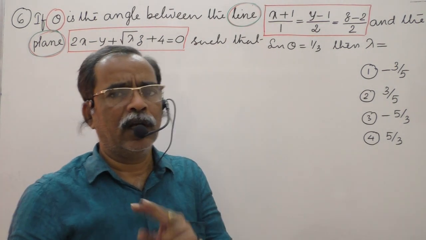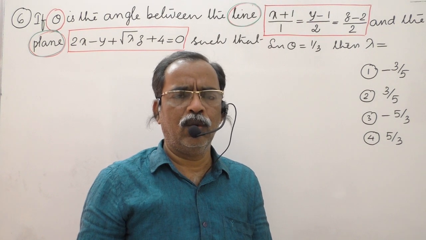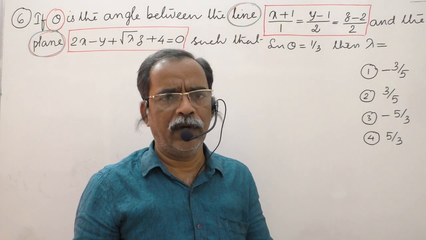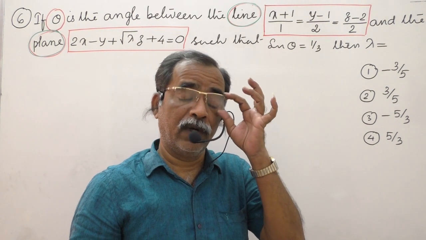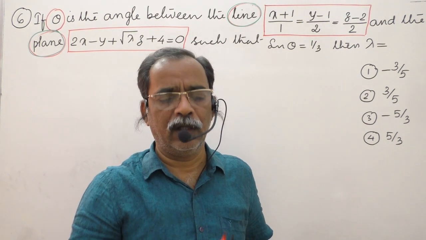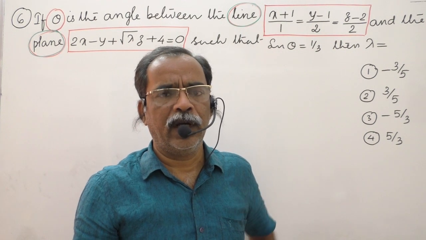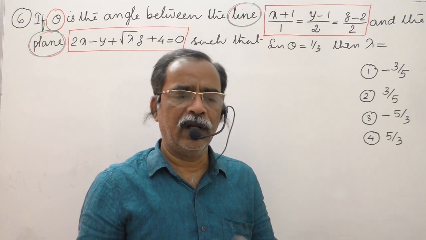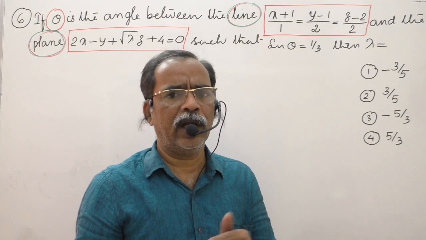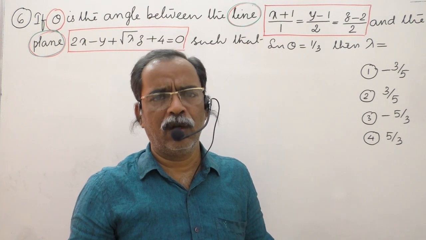So we have seen the angle between two lines. Cos theta equals a1 a2 plus b1 b2 plus c1 c2 by root over a1 square plus b1 square plus c1 square into root over a2 square plus b2 square plus c2 square. If two planes are given, then also the same. The angle between two planes is the angle between their normals.